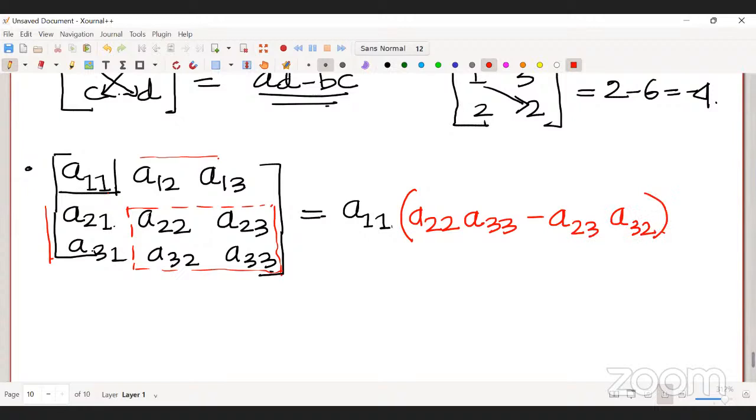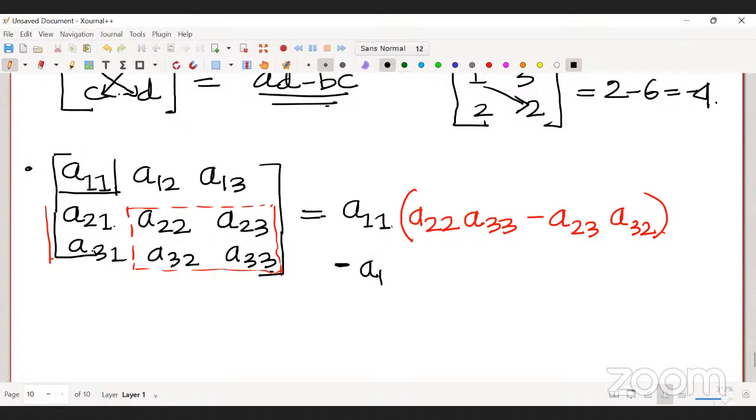The next thing is a12. Since this is position 1, 2, and 1 plus 2 gives you 3, which is an odd number, you will get a negative sign here.